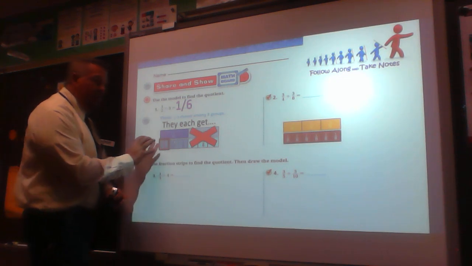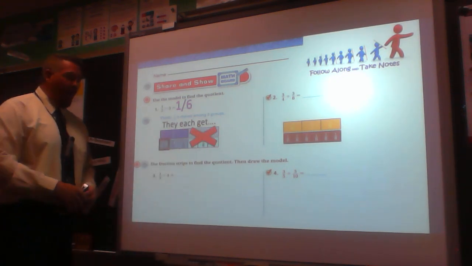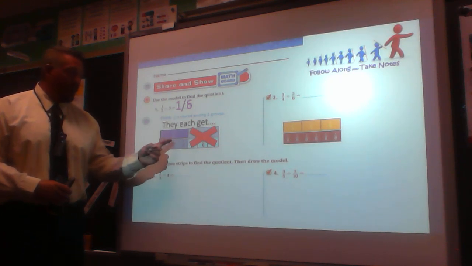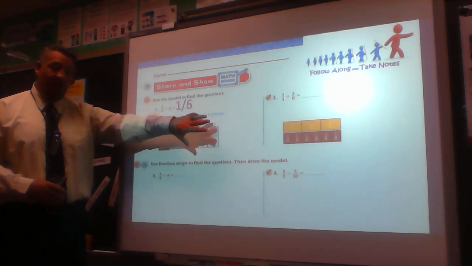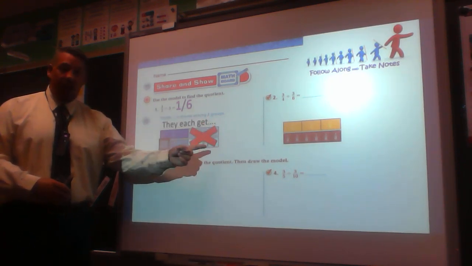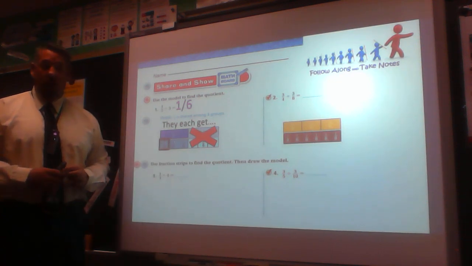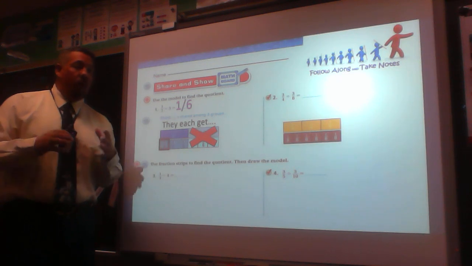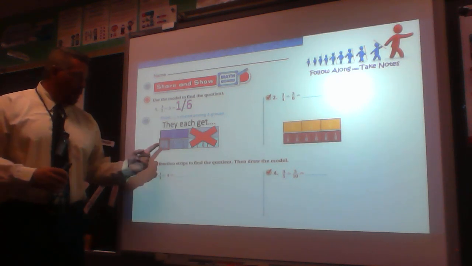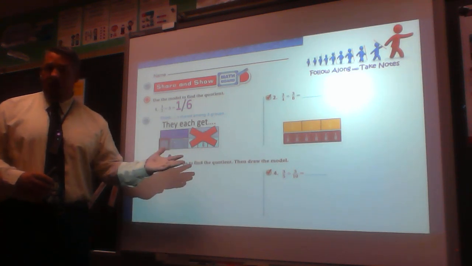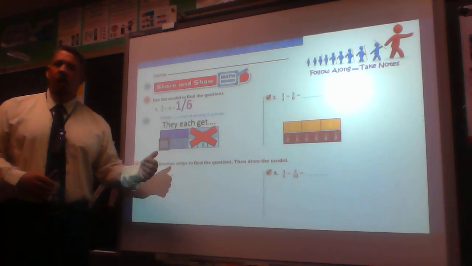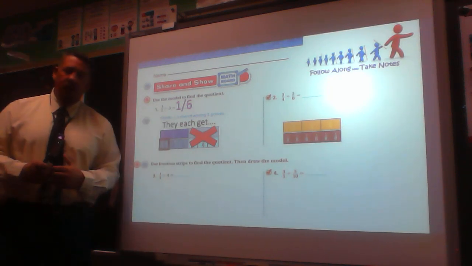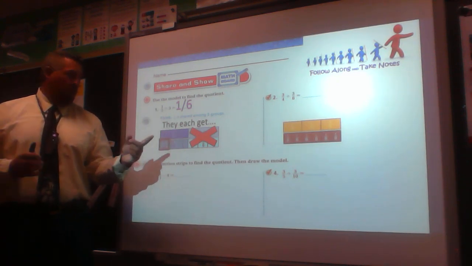So if I draw the entire 1 whole, that lets me see then that I'm not talking about thirds, I'm actually talking about sixths. Because this other half also has to have 3 divided equally among them. So once again, I'm not asking for perfect artwork, but I'm talking about legible that I can understand to help me think logically what this is asking me to do. And it's asking me to take 1/2 and divide it amongst 3 people.